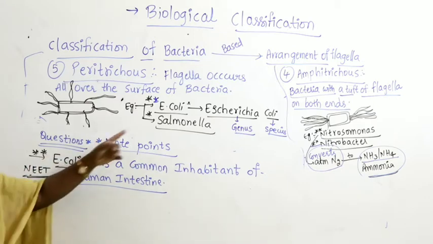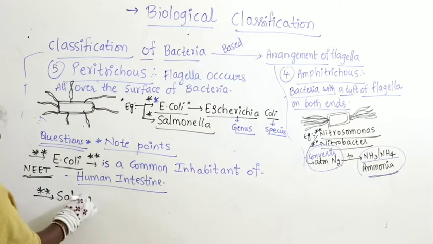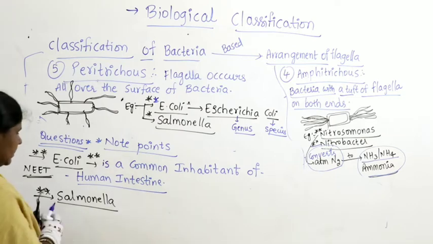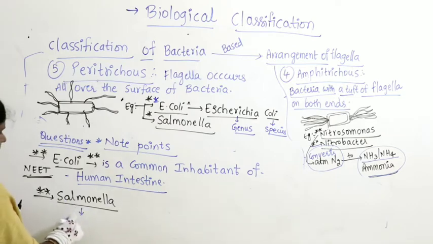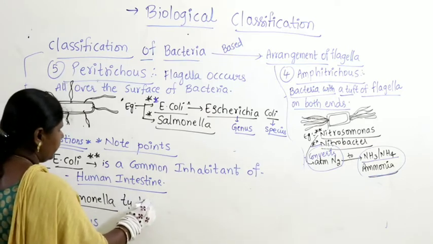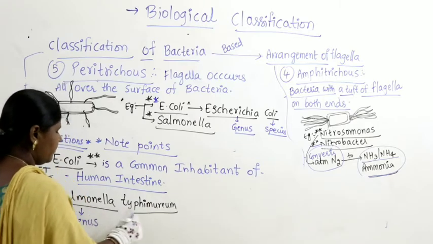Now apart from E. coli, another example of peritrichous is Salmonella. Salmonella is just the genus name. Typhimurium is the species name.